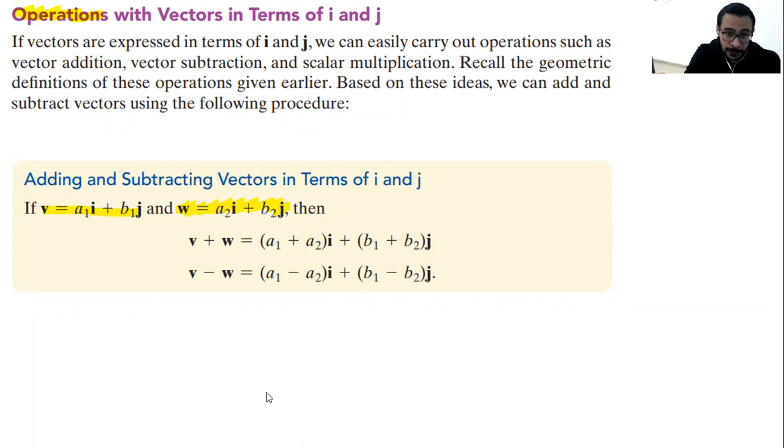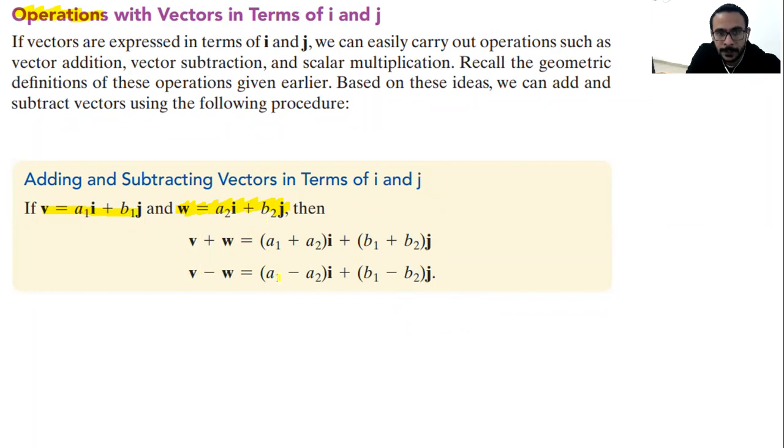How to make plus between two vectors? Pay attention. You just add A1 and A2 with I, plus B1 plus B2 with J. And the subtraction is the same: A1 minus A2 with B1 minus B2. You got the idea here, guys? We just subtract A1 minus A2 and B1 minus B2.